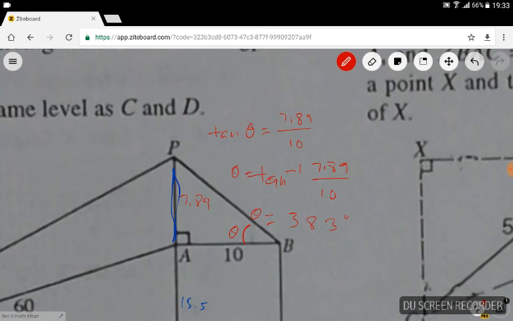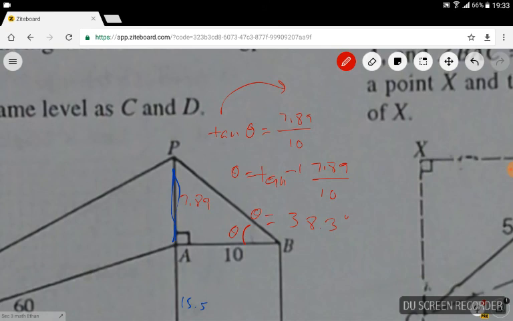So if you need to find theta, you need to do tangent inverse. When you want to find theta, theta remains on the left hand side. It's like tangent goes there, right? So if tangent were to cross the equal sign, the other side is always tangent inverse, and tangent inverse is on the calculator. That's the only trick you need to be able to do this question.